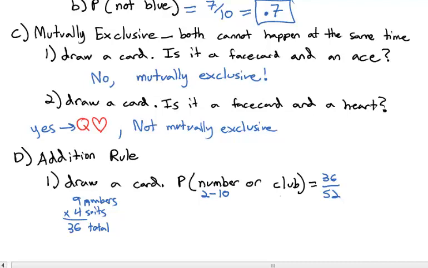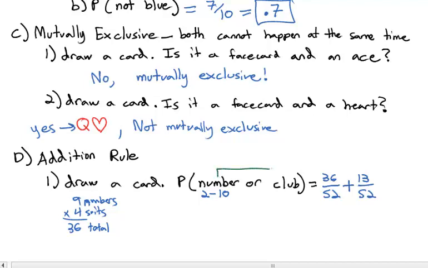What about clubs? Well, there are 13 clubs in a deck out of 52. There's 13 of each suit. Well, if I want to get the total here, it would seem we add these fractions together. 36 out of 52 plus 13 out of 52. But the problem is a couple of cards have been counted twice.